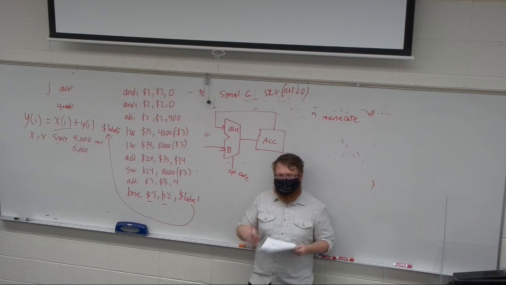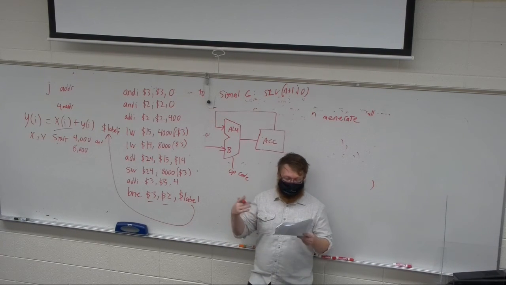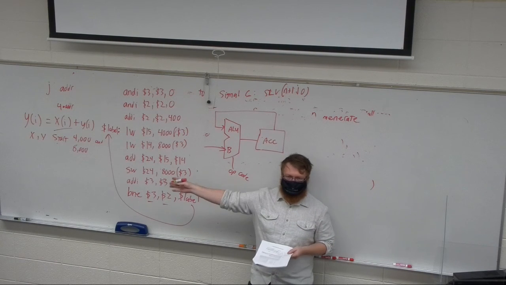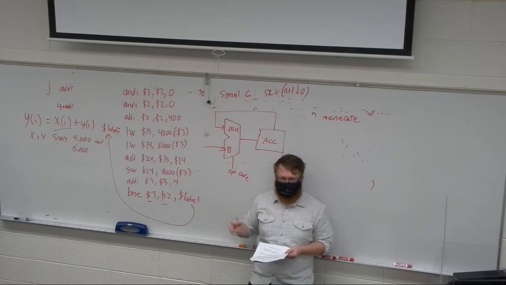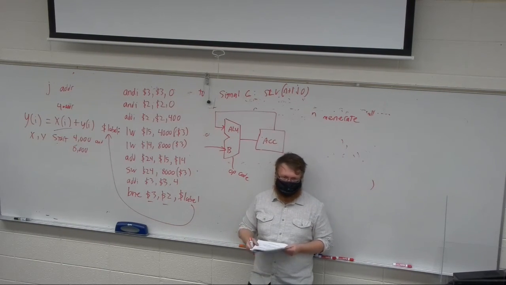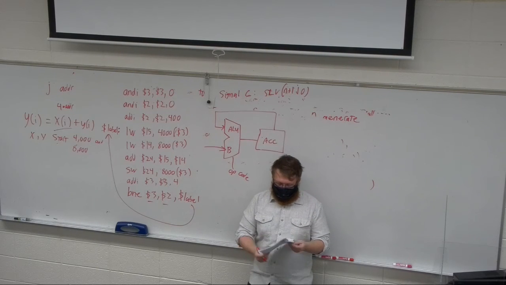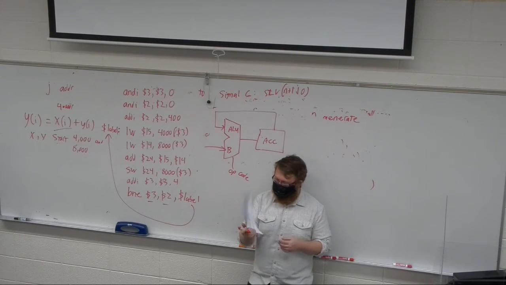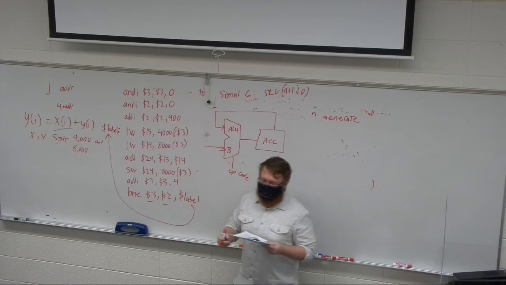The J format is only for jumping, where it's going to have the opcode to say, hey, we're going to jump, and then all the rest of the bits are jump to where. That's all. This is summed up on page 438 in a table you can go back and look at.